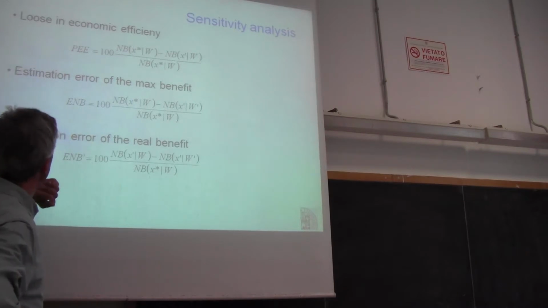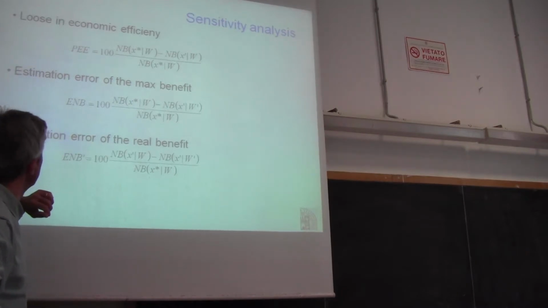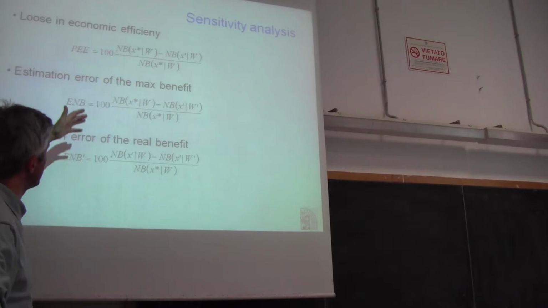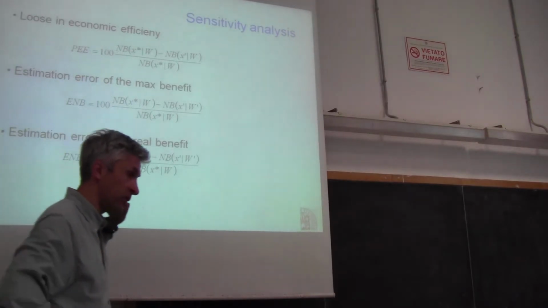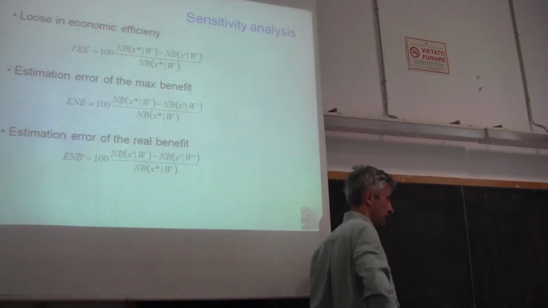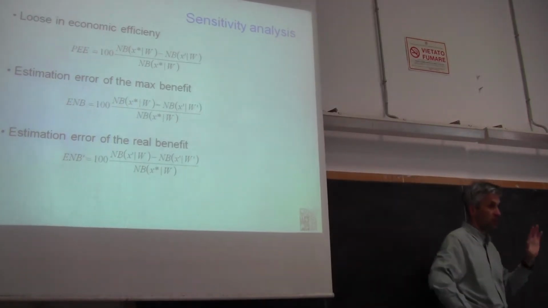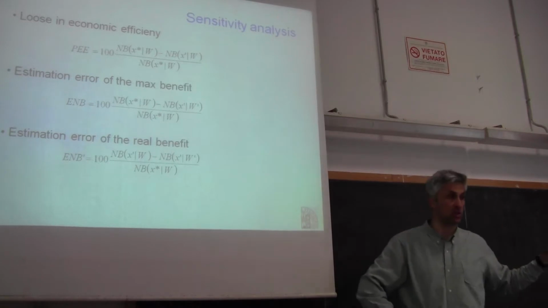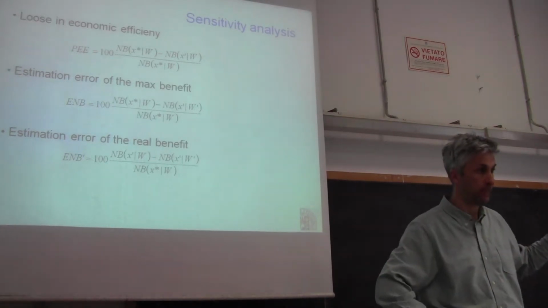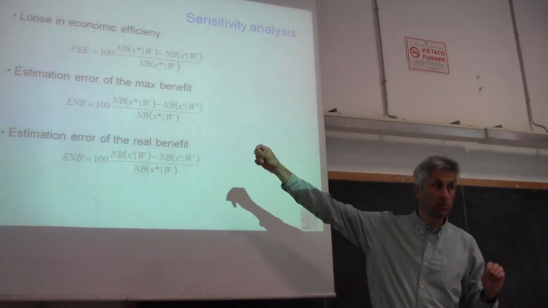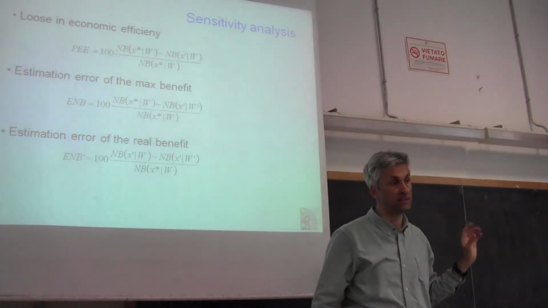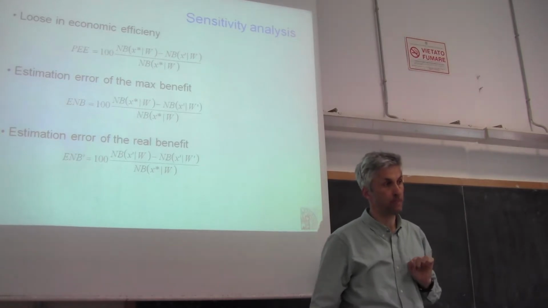So the first one, what is the first one? It's the loss in economic efficiency. What you see at the numerator is the difference between the correct benefit, correct parameters and correct allocation, minus the benefit computed with the wrong allocation but correct parameters.